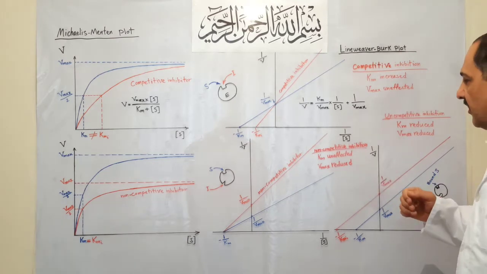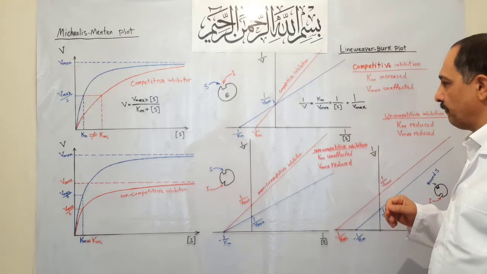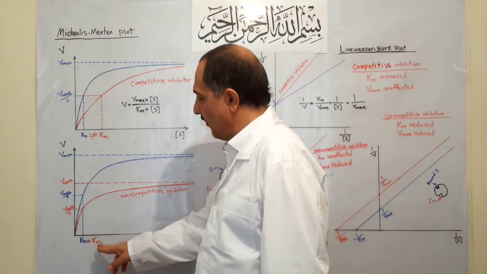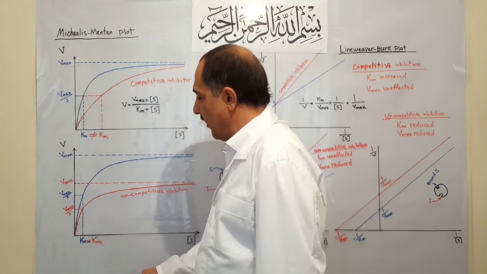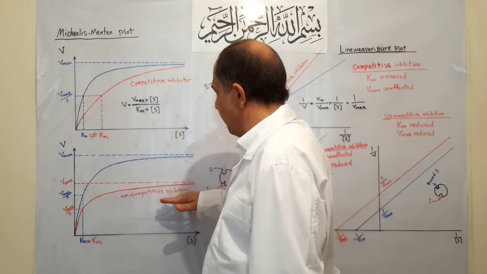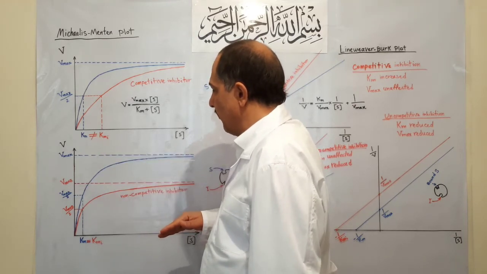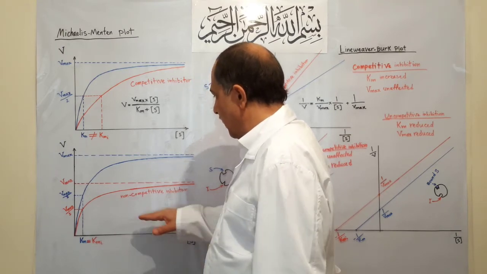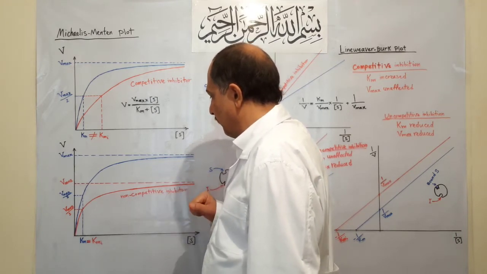In non-competitive inhibition, Km is unaffected and Vmax is reduced. Please pay attention that the Km in presence of inhibitor is equal to Km in absence of inhibitor. And the Vmax in presence of inhibitor is smaller than Vmax in absence of inhibitor. And so by increasing the concentration of substrate, the maximum rate of the enzymatic reaction is not reached in presence of inhibitor.